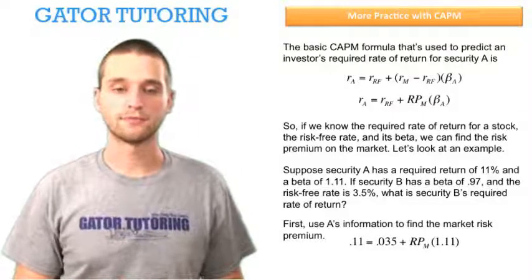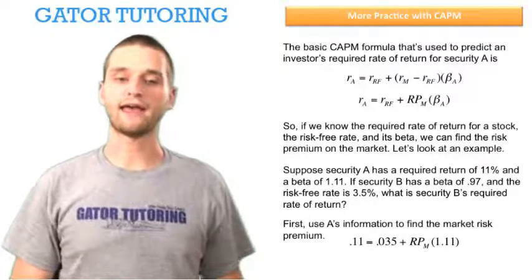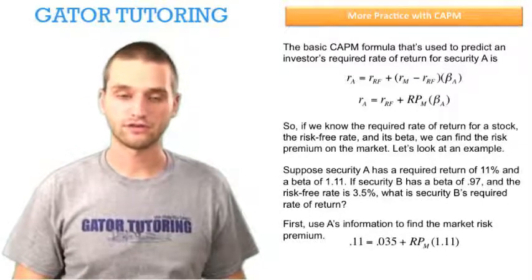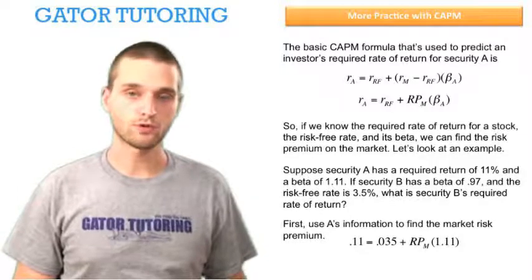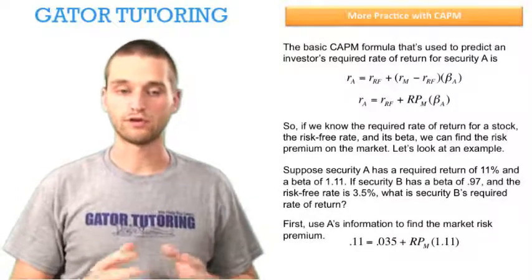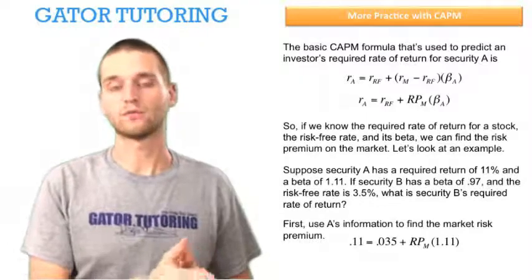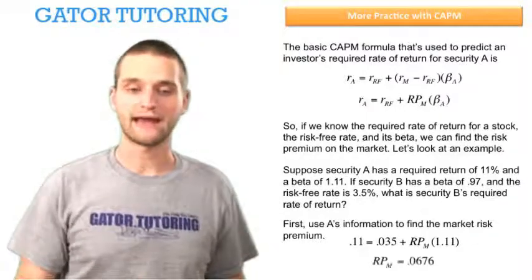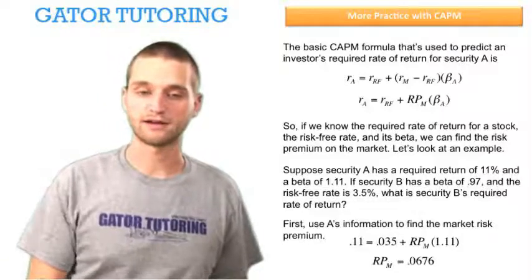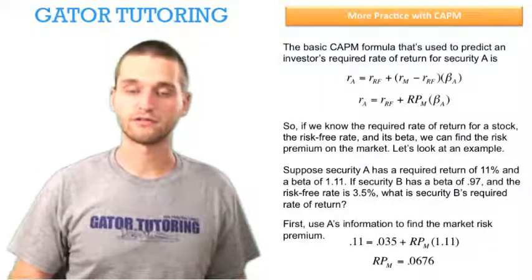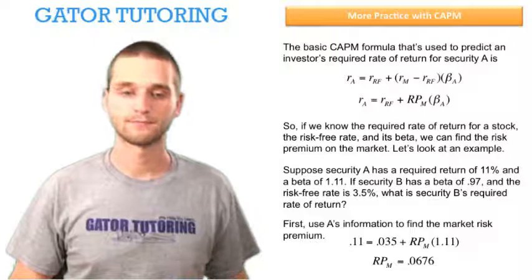Using the CAPM formula, we're told that security A has a required rate of return of 11%, the risk-free rate is 3.5%, and we don't know the risk premium on the market yet, but we do know that security A has a beta of 1.11. We can just back out the risk premium on the market and we find that it's 0.0676, 6.76%.